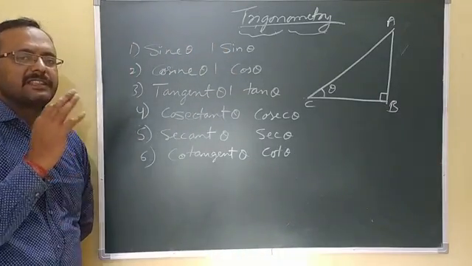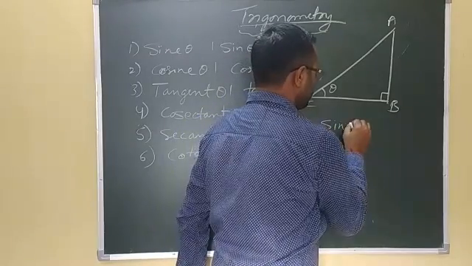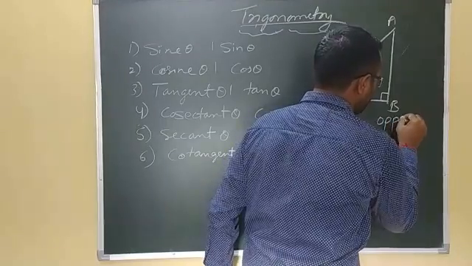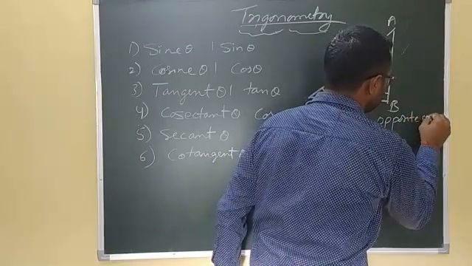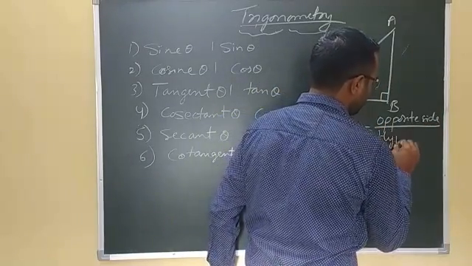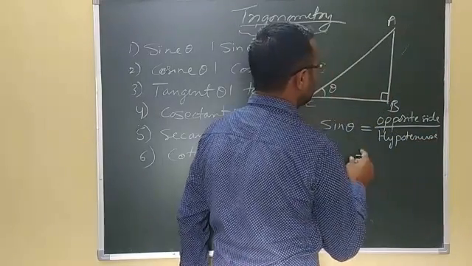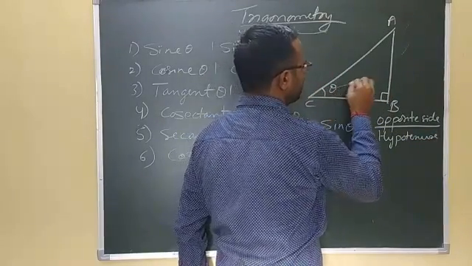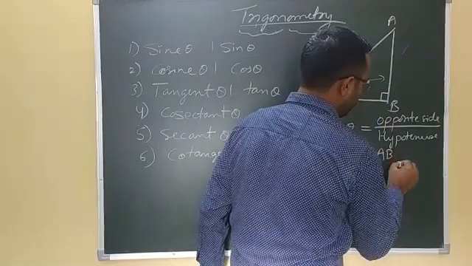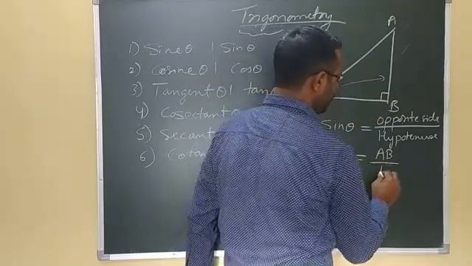Now the function sin theta will be equal to opposite side upon hypotenuse. Here the opposite side means the side which is just opposite to theta, that is AB, and hypotenuse is the side which is opposite to 90 degrees, so it is AC.